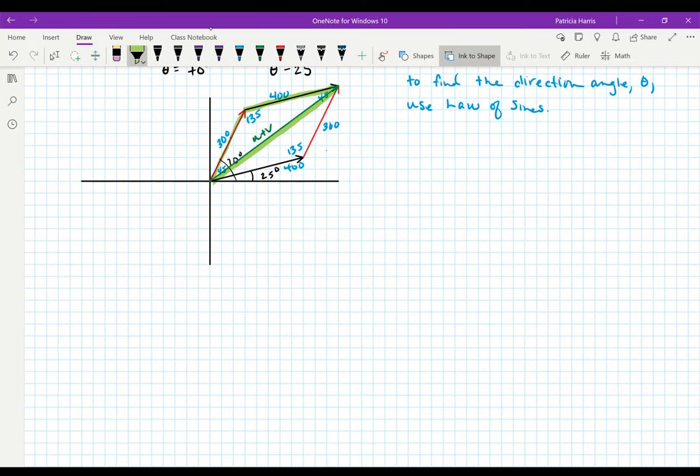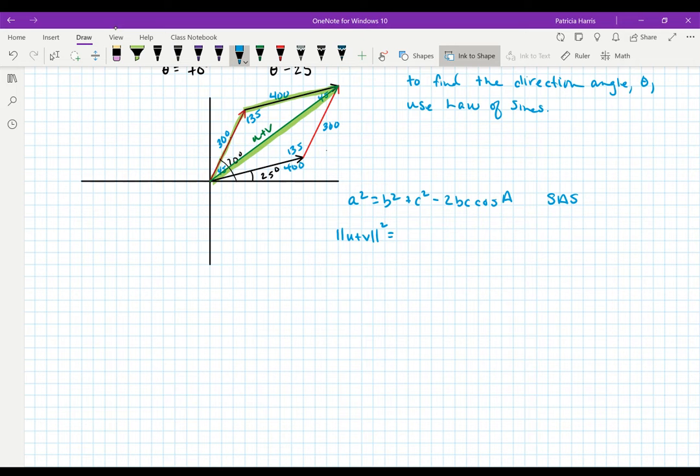So now if you remember, law of cosines looks like this. We use it when we have side angle side, or two sides and an included angle. So our A in this case would be the magnitude of u plus v squared.